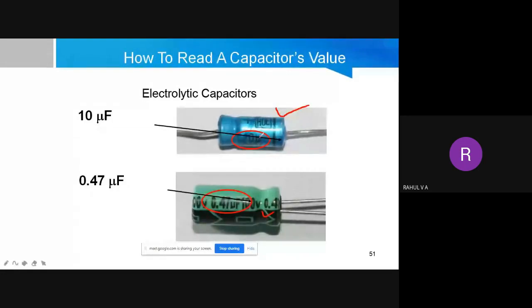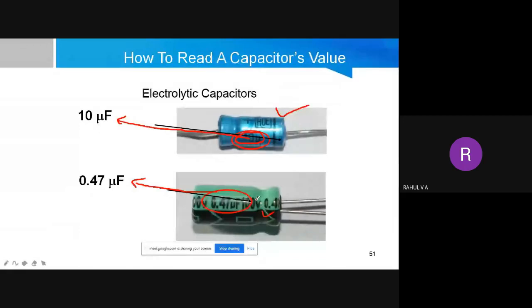Here it is printed 10 micro, 10 mu. So the value of that capacitor is 10 microfarad. And this is another electrolytic capacitor. There you can see the value is printed 0.47 microfarad, 100 volt. They have given the maximum voltage rating also. So that is how the value will be directly printed on the capacitor. The size of this capacitor is somewhat big, so it is very easy to print.